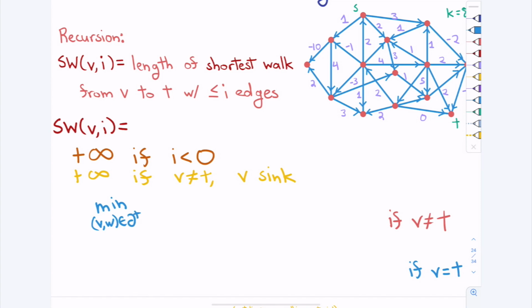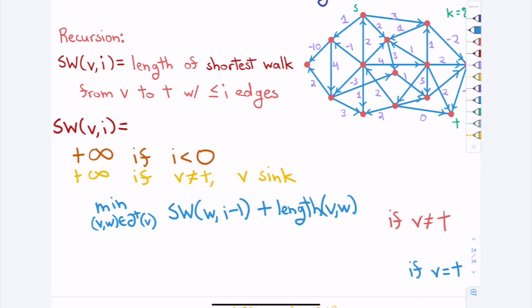So I'll use this notation that was introduced earlier. S of w and i minus 1, plus the length of the edge. I'll just write it in English since I didn't give it a variable. Length of the edge, vw.